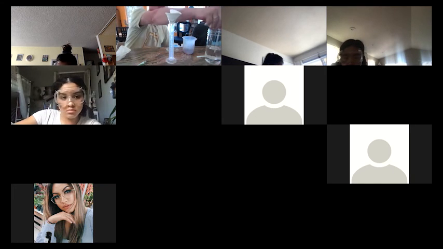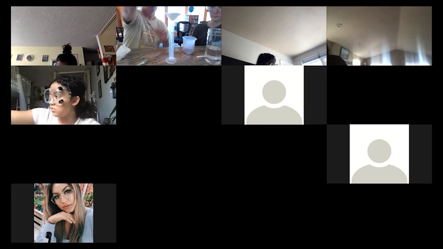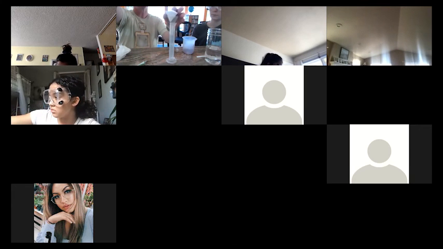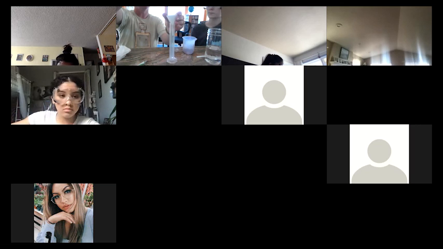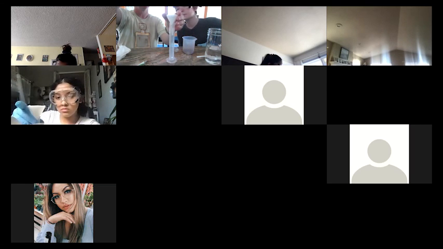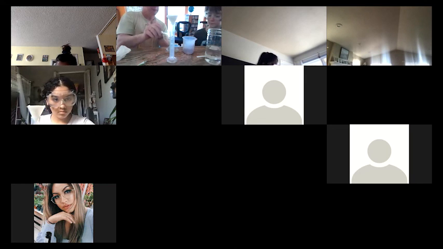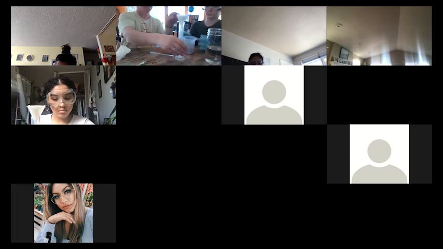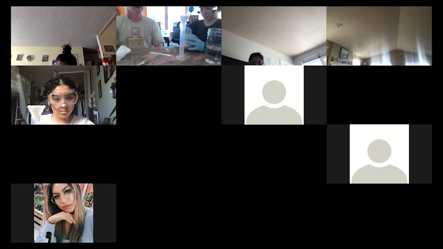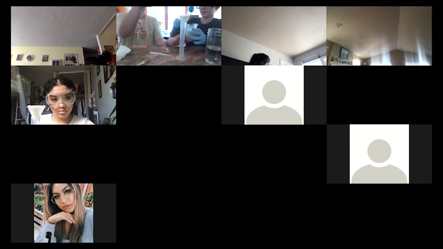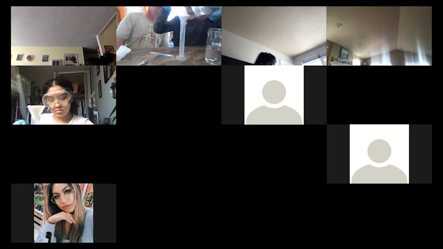So just wet this with a little bit of water so that it doesn't move around on us. We want it to sort of stay put. Now you can use the spoon and just scoop it into the funnel. So just put it right over the. There you go.